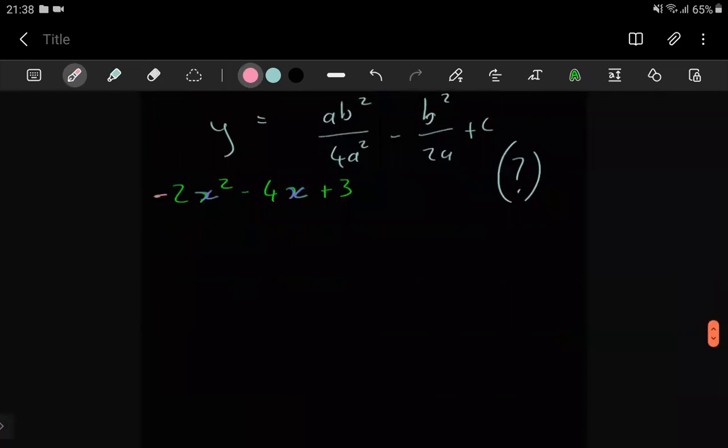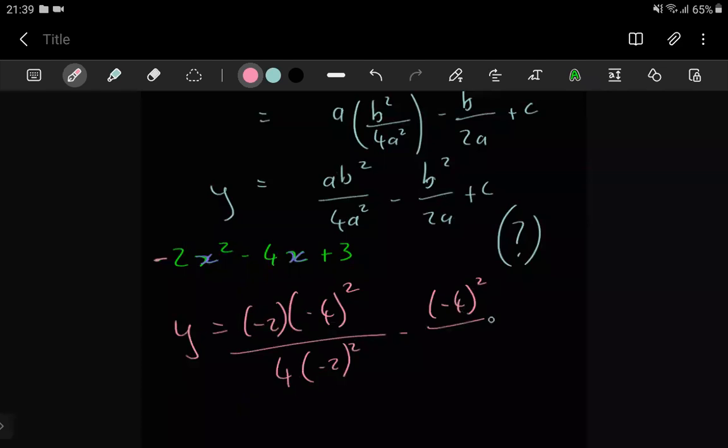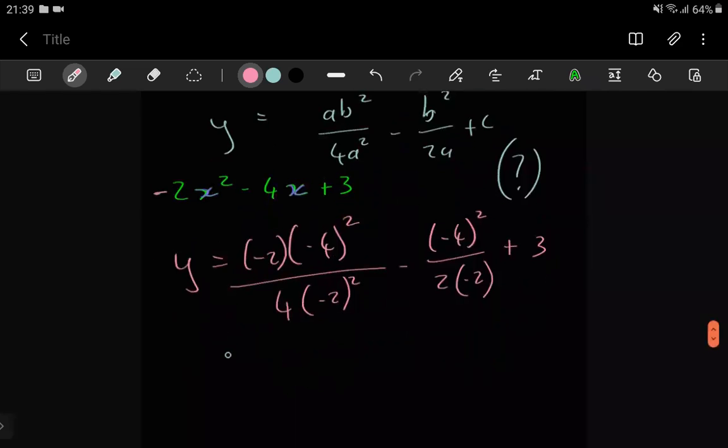Let's say y is equal to, the a value is -2, the b value is -4, and the c value is 3. You can actually put this in the calculator. The a is -2, b is -4, c is 3. Moment of truth.